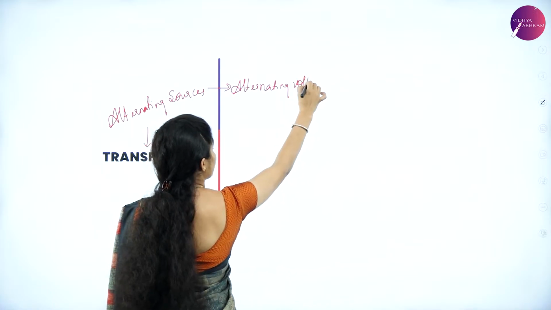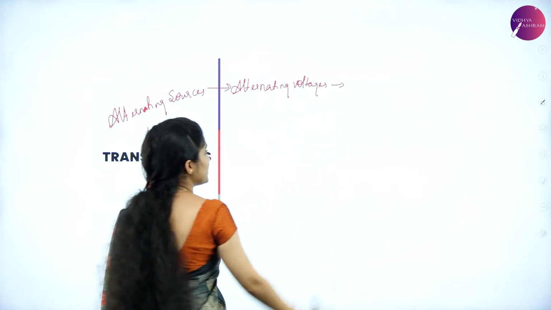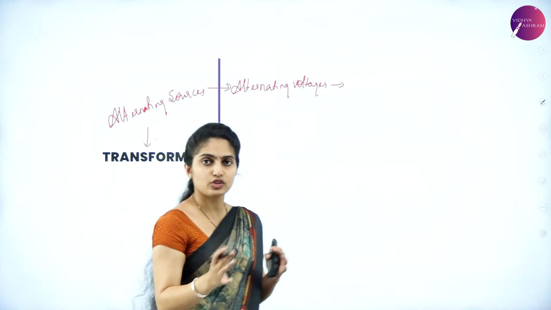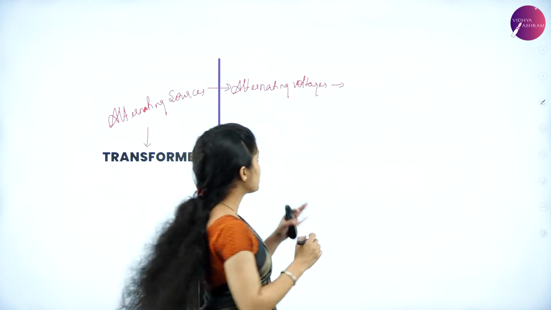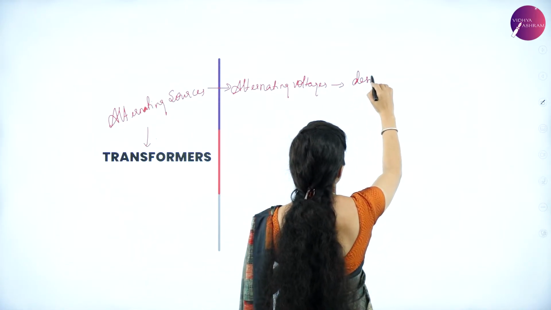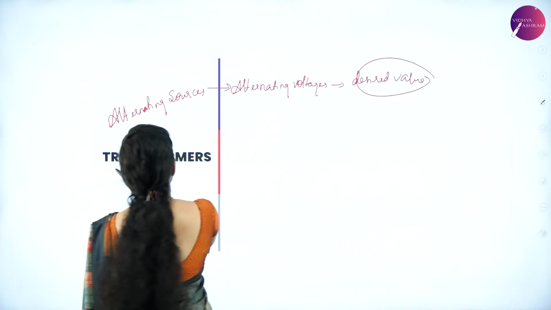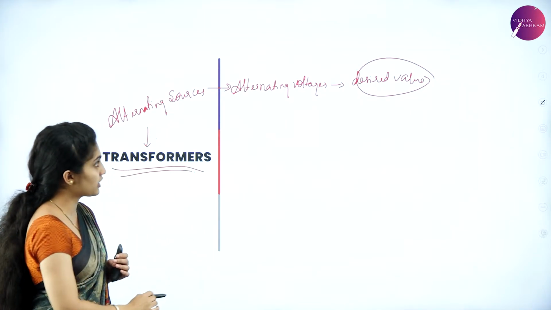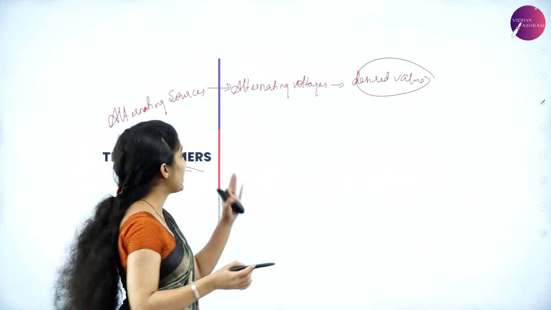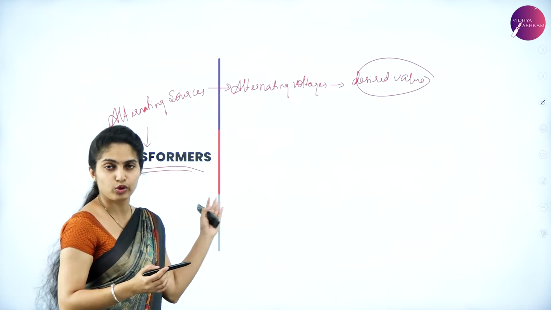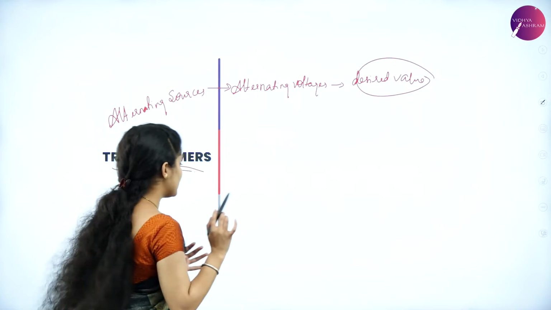This alternating voltage, which changes every now and then, has to be given a constant value. So with the help of transformers, we get the desired value of the alternating voltage, which is what we study here. That is why transformers are used.